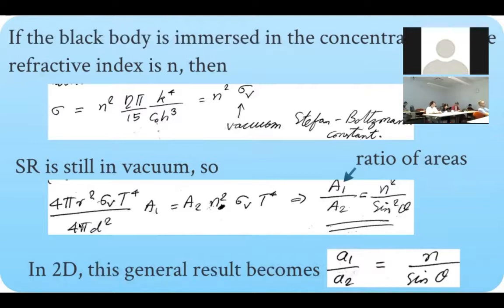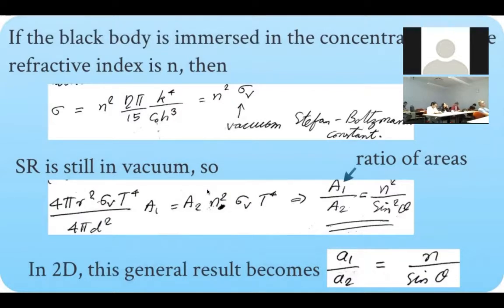And A1 over 4 pi d squared is the intercepted flux, which is equal to the flux emitted by the receiver, A2 times n squared sigma v times T to the 4. So the only difference is that we have an additional n squared here because of the higher refractive index material of the receiver or the black body.